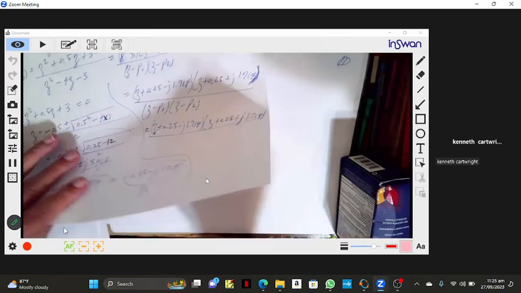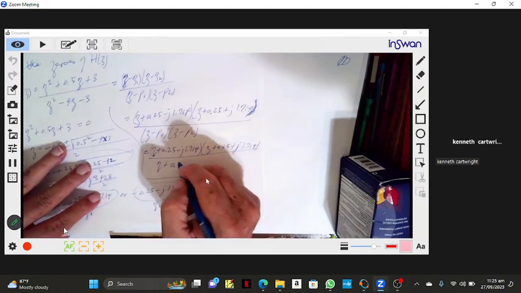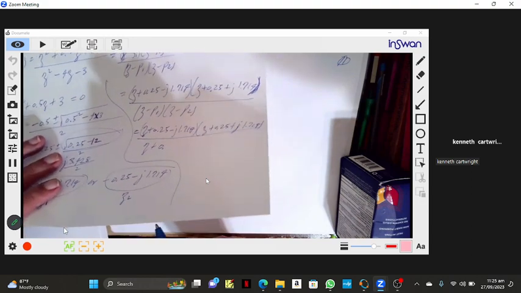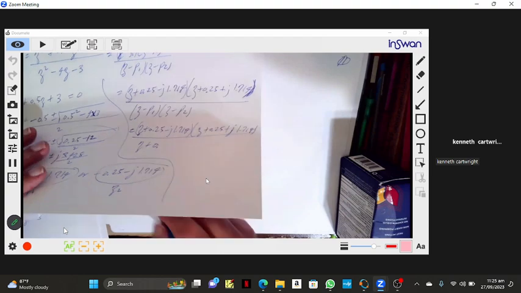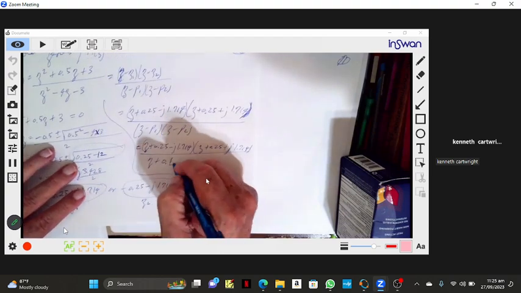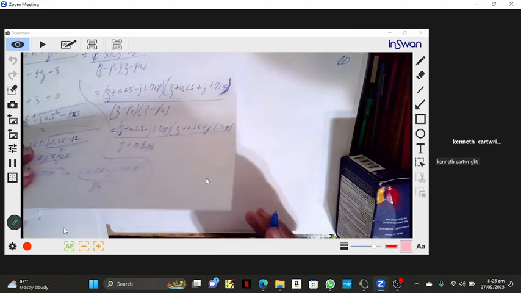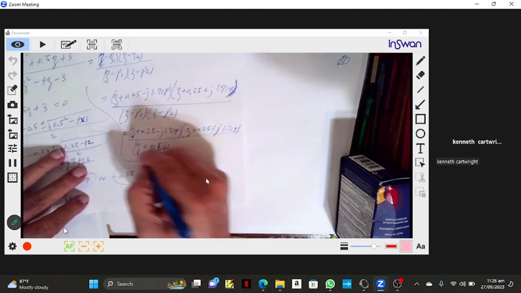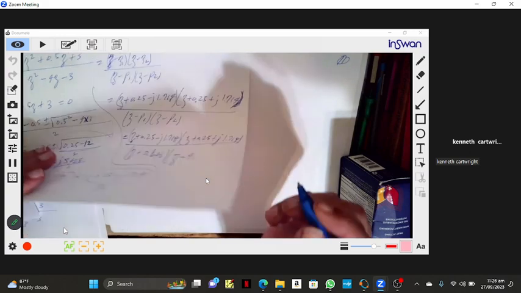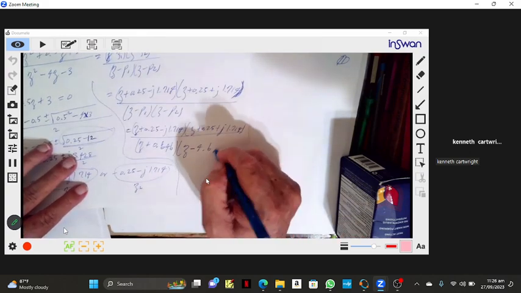And then the denominator becomes z plus 0.646 multiplied by z minus 4.646.